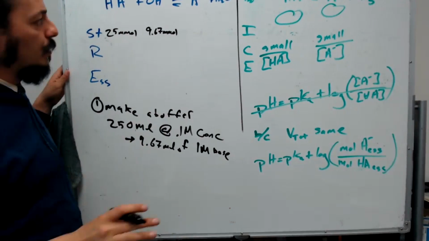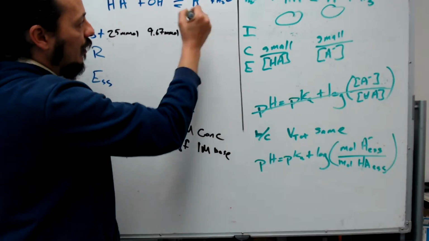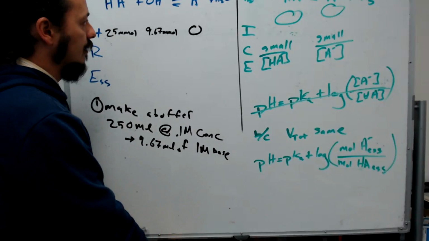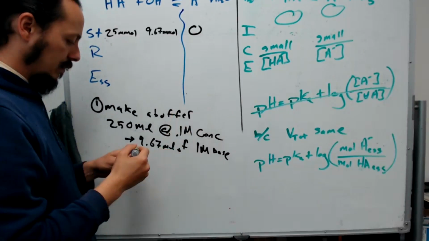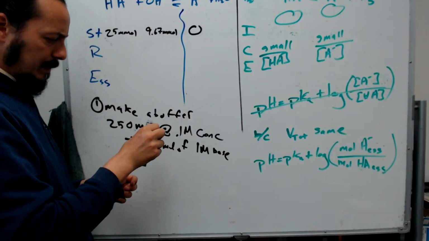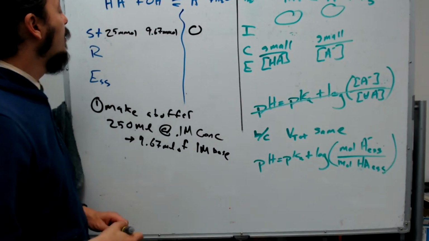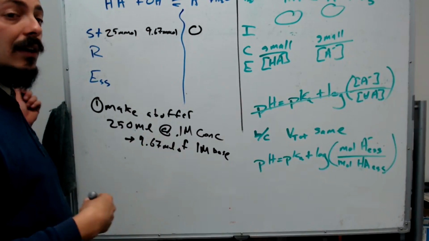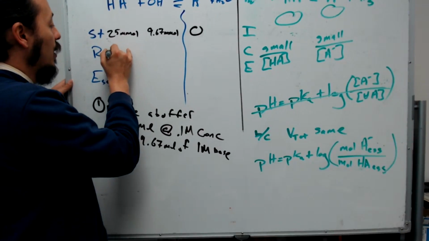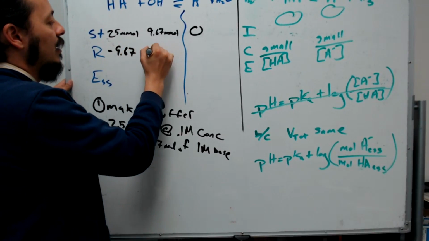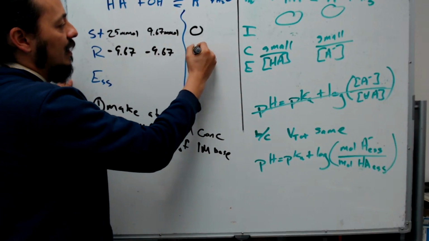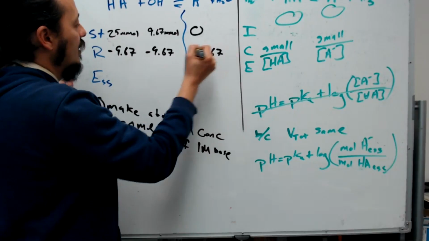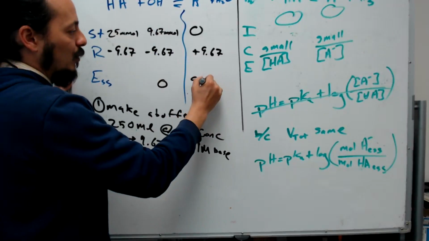In our original buffer, we start with 0 A minus. Right? That's weird. We start with 0 A minus. So now I can go ahead and do my calculation. I'm going to have minus 9.67, minus 9.67, plus 9.67. I get 0. I get 9.67.